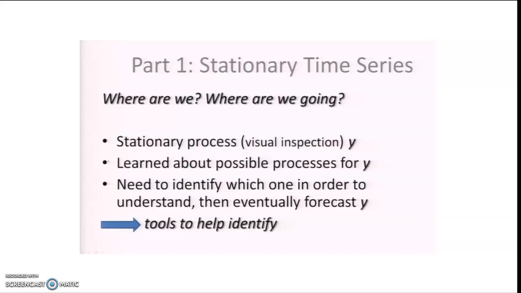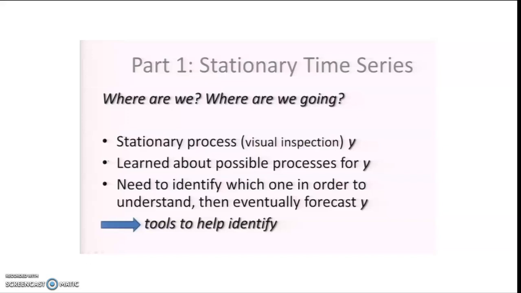Let me remind you that previously we discussed the visual inspection of time series to identify whether the process is stationary or not. We also learned about some processes, that is AR, MA and autoregressive moving average.